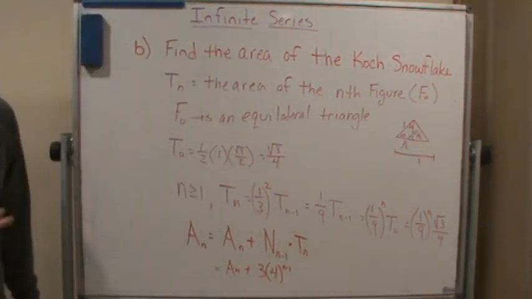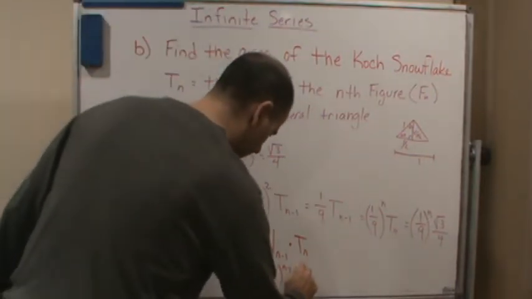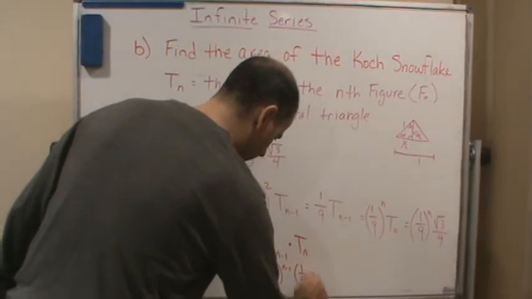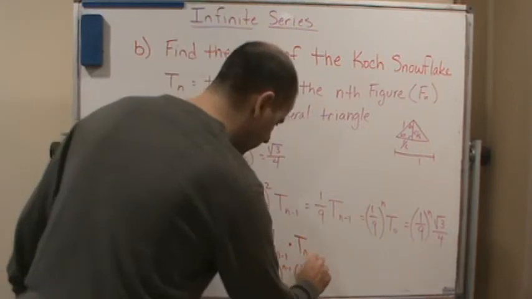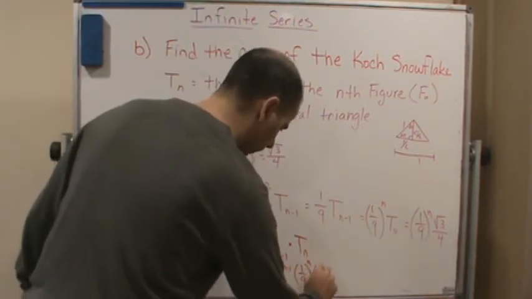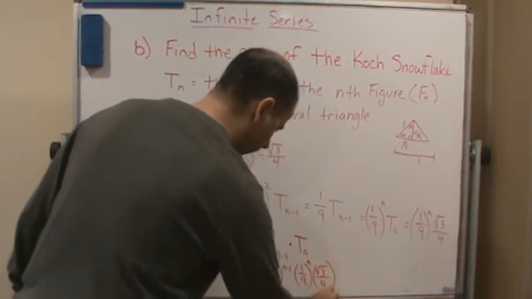Okay, we got that from the previous work on perimeter. Okay, and then of course T sub n is 1/9 to the nth power times the square root of 3 over 4.